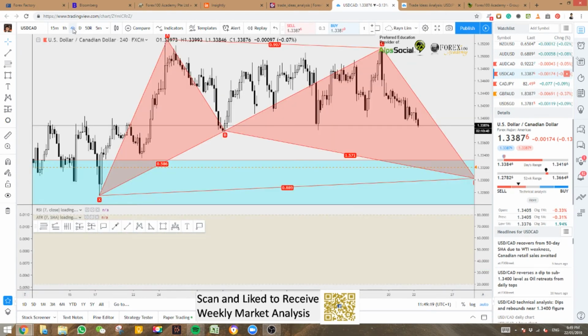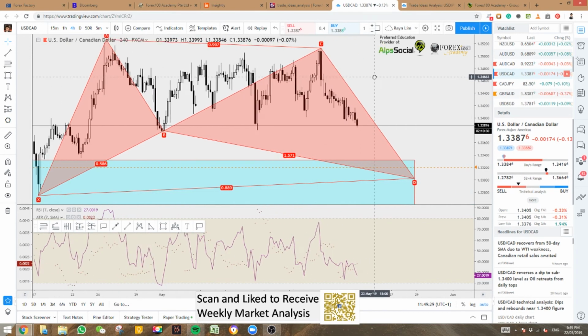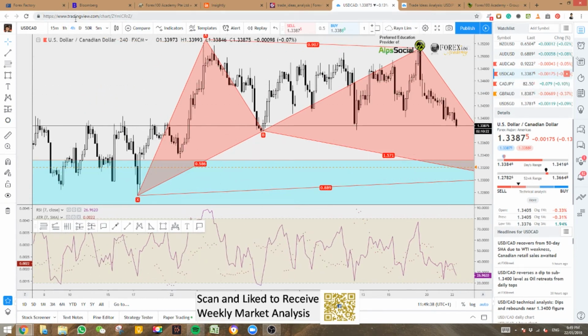To the 4-hour chart, there is a bat pattern formed on the dollar CAD. It is still valid. So for it to touch 1.3300, it will be a buying opportunity for me within this box.